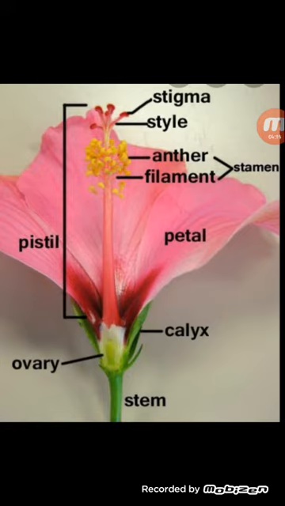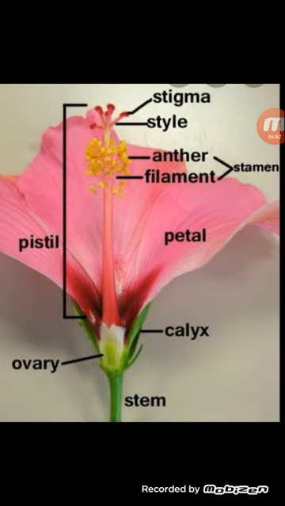Anther and filament is called stamen. It is the male reproductive part of the flower. It is also called androecium.